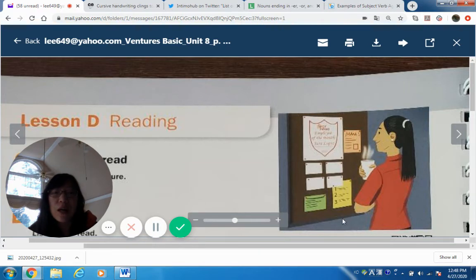She's looking at a bulletin board or a memo board, it looks like. She's holding a cup of coffee or tea. She has a red shirt on. I know it looks like a collar. She has a red collared shirt. She has a red collared shirt with short sleeves.